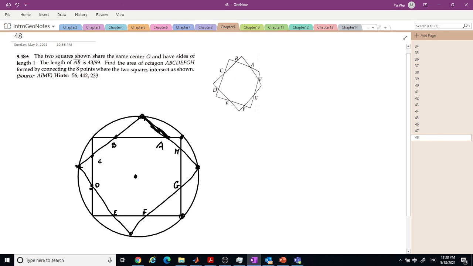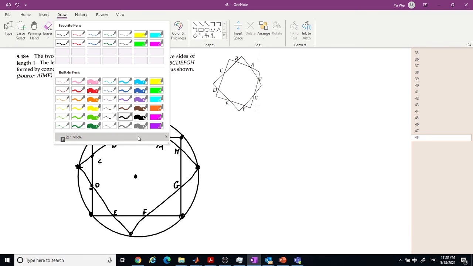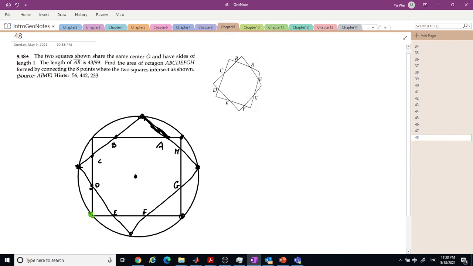So what you can observe is this: after rotating, this side gets rotated to this side, and this point gets rotated to this point by an angle of theta.